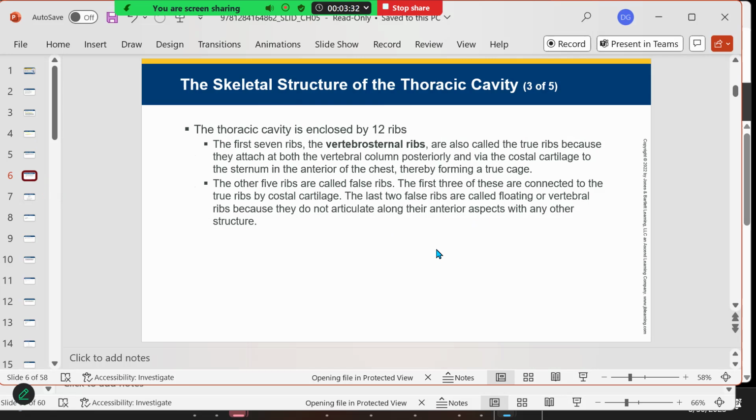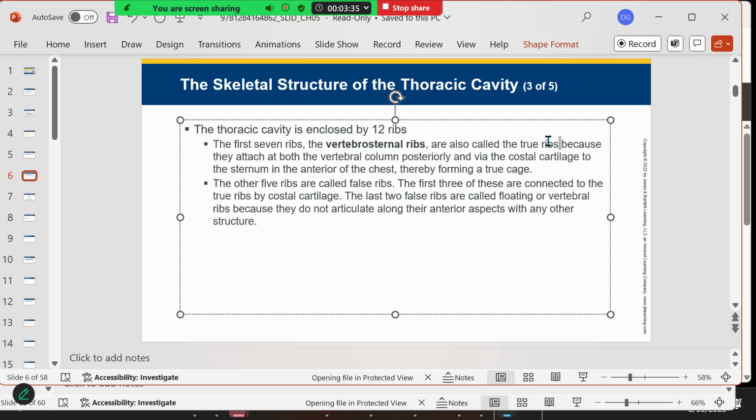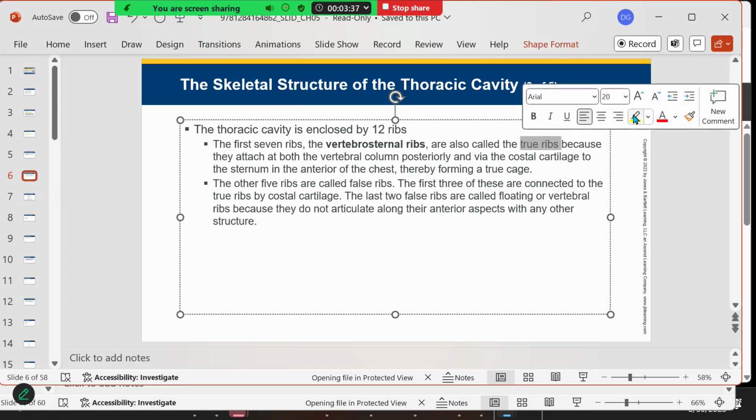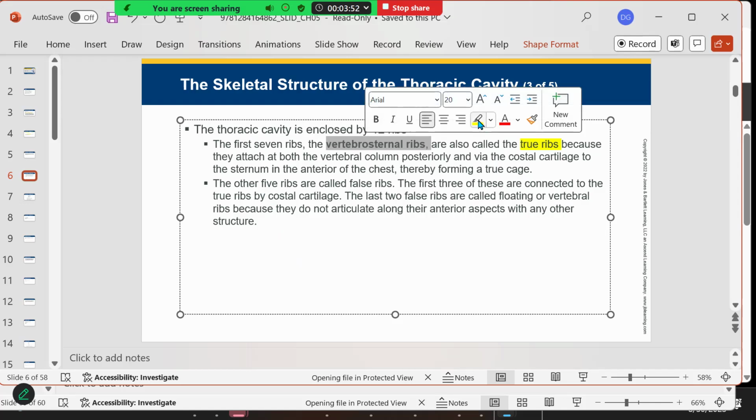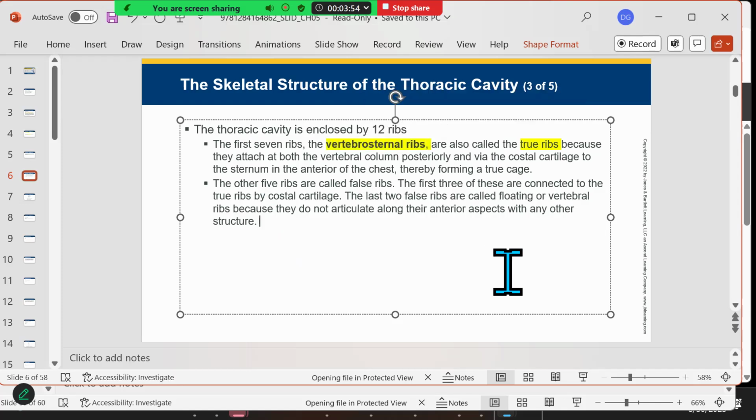The first 7 ribs are the true ribs because they attach to both the vertebral column and the sternum. The technical term is vertebrosternal ribs. You'll never hear that term at the hospital, but we do say true ribs because they're connected both to the vertebral column and to the sternum.